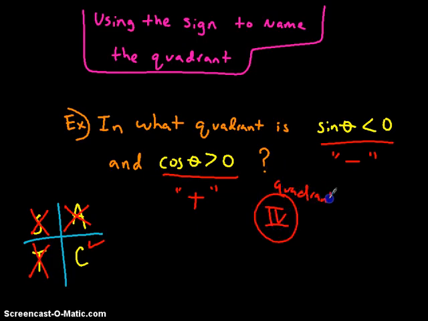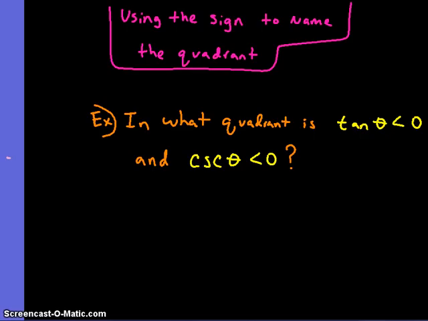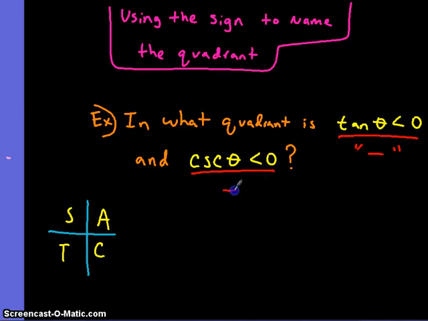So right now, write down this one, pause the video, and try this one on your own. If you tried it, you should have found, since it says tan of theta is less than 0, you look for where tan is negative. And you also look for when cosecant of theta is less than 0. Since cosecant and sine are reciprocals of each other, and you don't have a cosecant on here, you notice it says all students take calculus, and it goes for sine, tangent, and cosine.